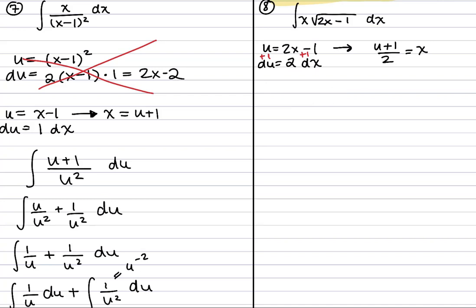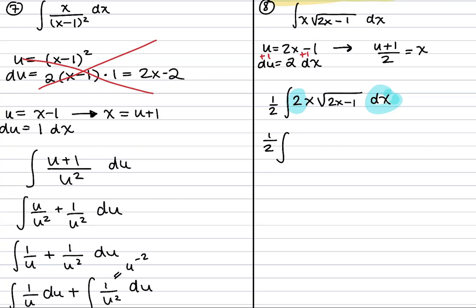I need to add that factor of 2 in. Multiplying by a 2 on the inside, we need to multiply by a half. We have 2x, root 2x minus 1, dx. Now we can replace our u's, so we have a half, and here is our du, the dx and the 2.